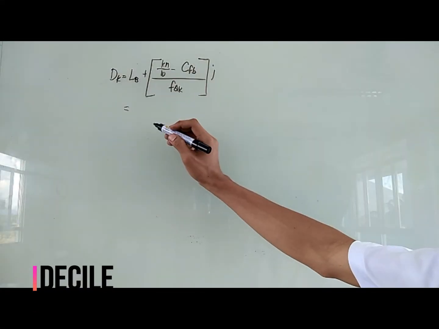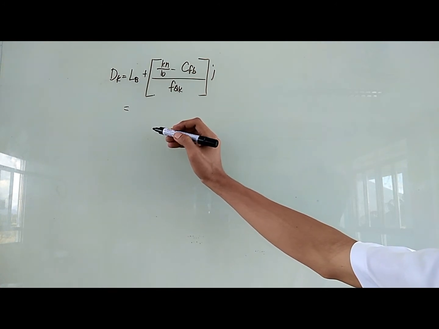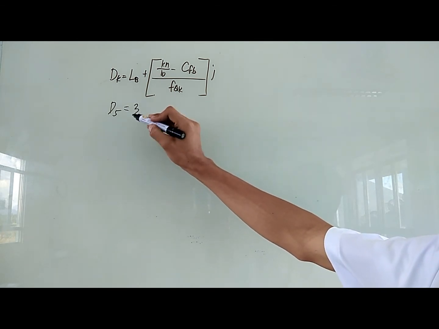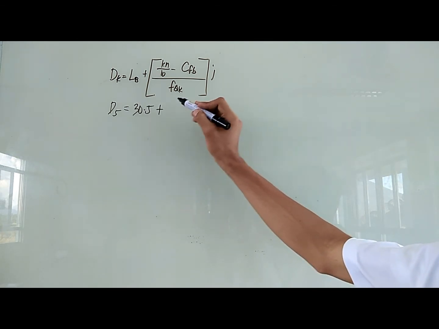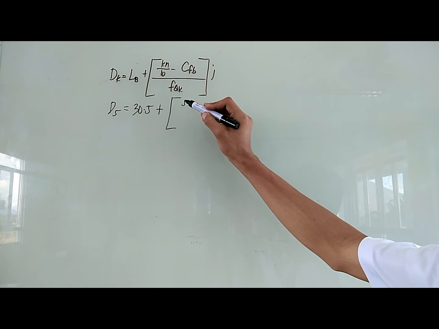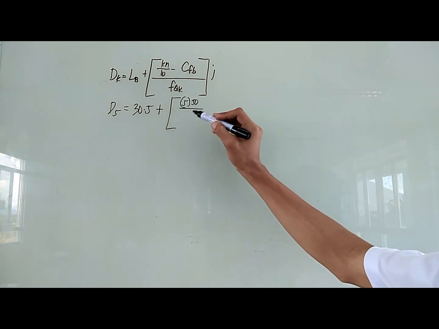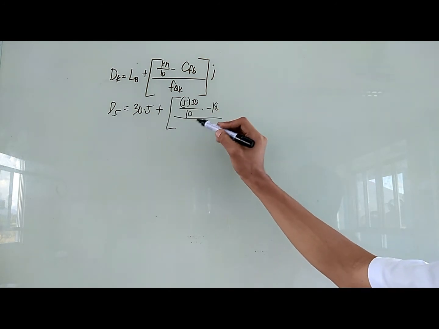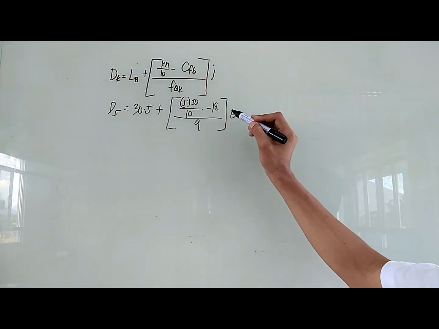Solve D5 using the formula of decile for grouped data. Then substitute and solve. So we have D5 is equal to 30.5 plus the quantity of 5 times 50 divided by 10 minus 18, divided by 9, multiplied by 5.